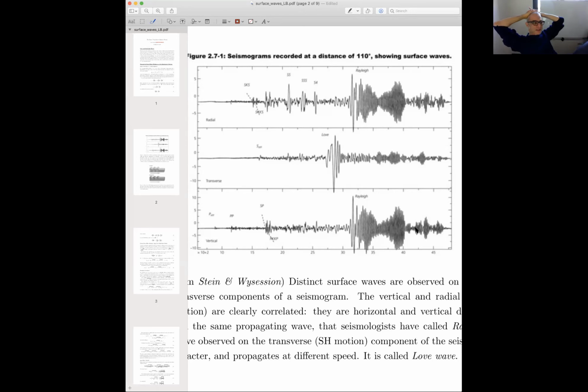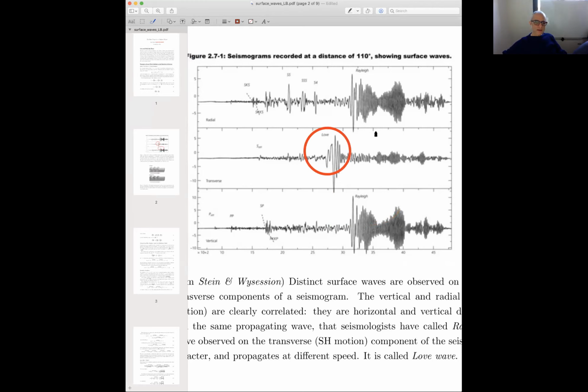And it's interesting that when Rayleigh came up with this idea, initially it was not clear at all whether he was right and whether seismograms would actually be in agreement with what he was saying, partly because there was this problem that depending on which component you looked at, the surface wave would look very different.